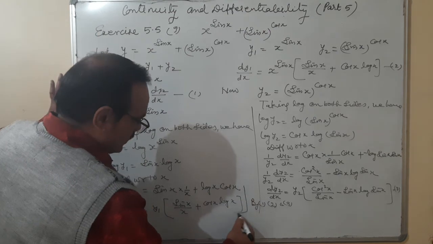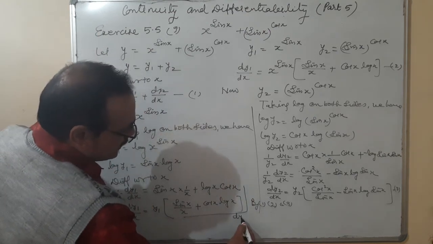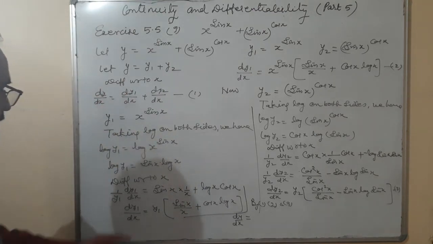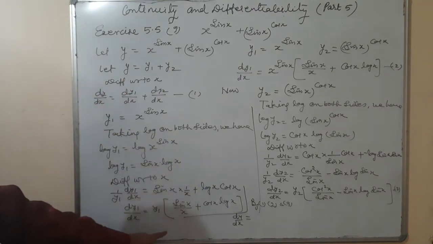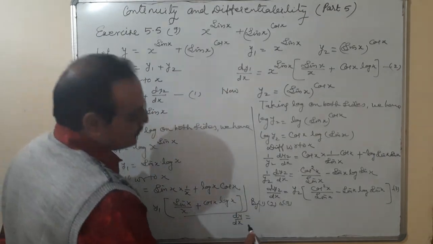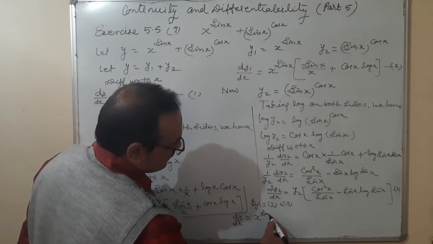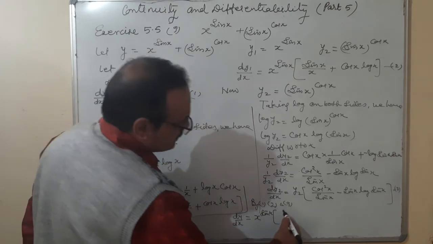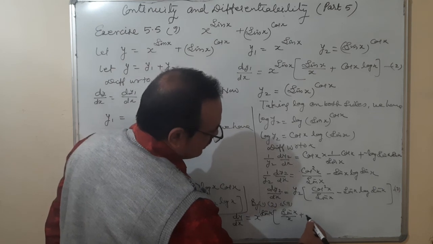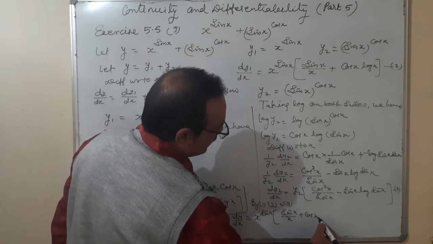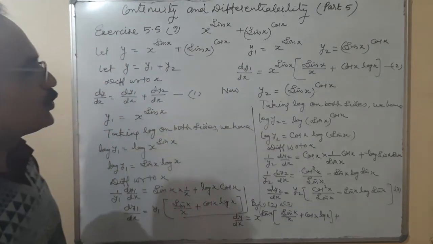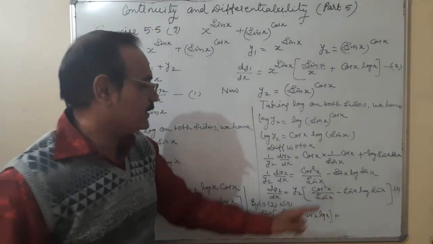So in equation number 1, dy by dx is equal to dy1 by dx, which is equation number 2: x to the power sin x, into sin x upon x plus cos x log x, plus dy2 by dx.